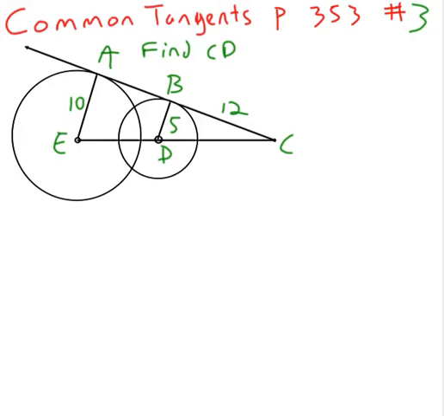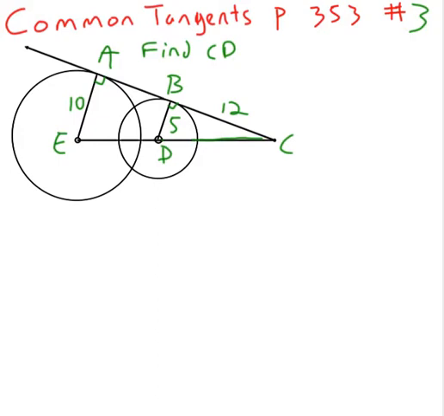CD is what will end up being the hypotenuse of the smaller triangle. Remember, we have radii and a point of tangency with this tangent ray here, which means we have a right triangle, so across from the right angle will be the hypotenuse. So CD right here is the hypotenuse of a right triangle, and we have the other legs.